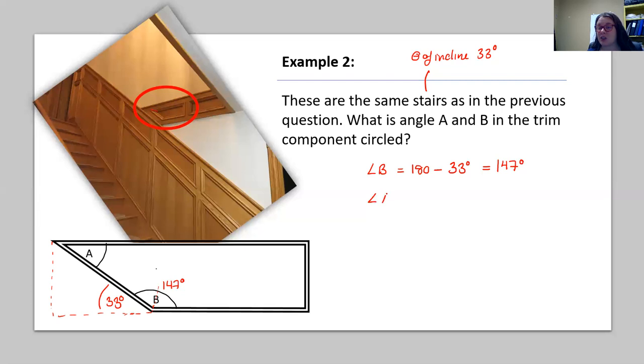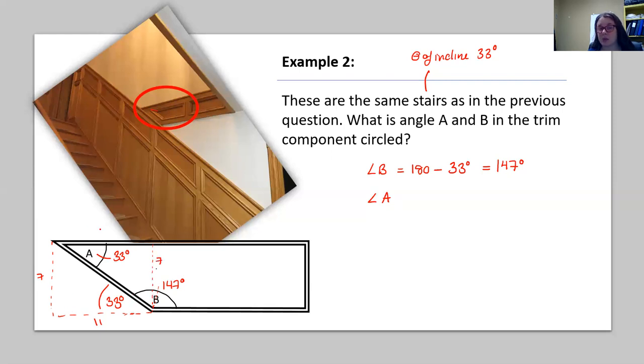Now let's look at angle A. So if this is like our steps with a rise of 7 and a run of 11, then let's look on this side. If I put a line straight up, this would be 7 and here would be 11. So the angle A has to match my angle of incline. So this would actually be 33 degrees. Can you see how that would be? So if it's 7 on this side, it would have to be 7 on that side.